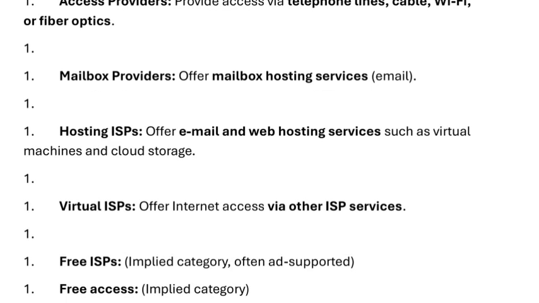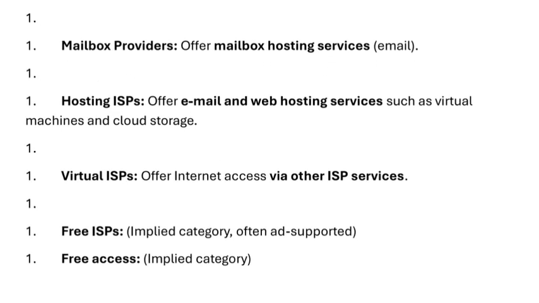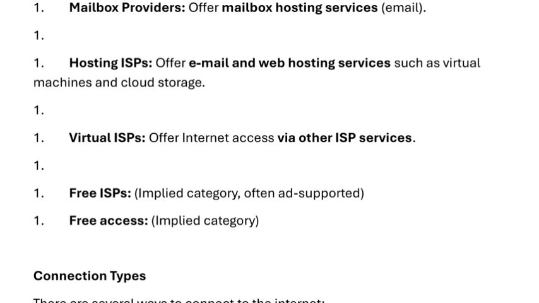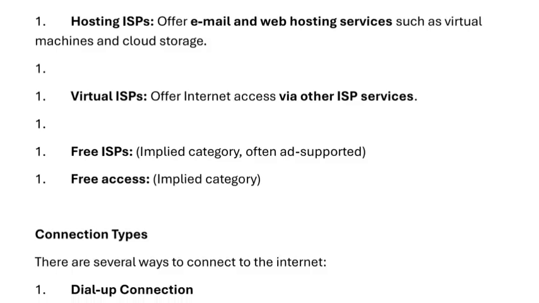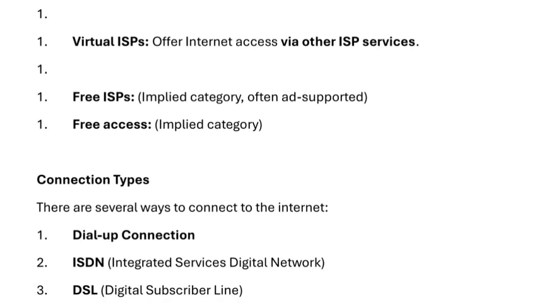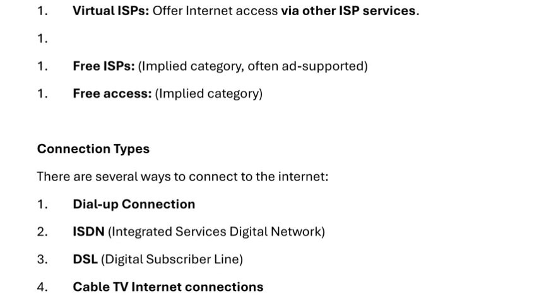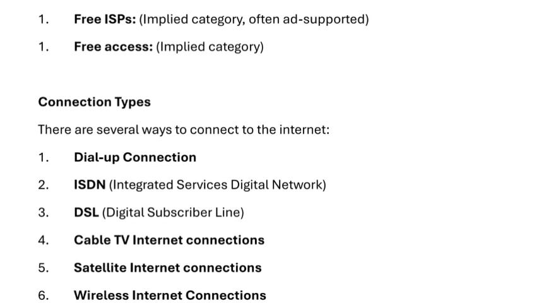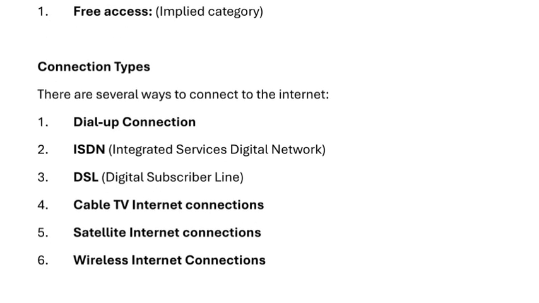Mailbox providers offer mailbox hosting services, email. Hosting ISPs offer email and web hosting services such as virtual machines and cloud storage. Virtual ISPs offer Internet access via other ISP services. Free ISPs, often ad-supported, free access.